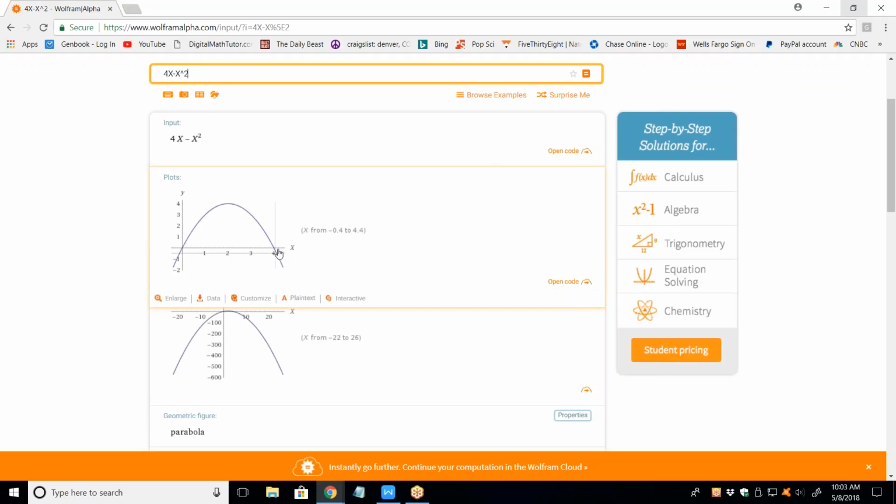It didn't. It goes to 4. In other words, the two zeros are 0 and 4. Okay. Now, when we integrate it, notice that we're rotating this about the y-axis.